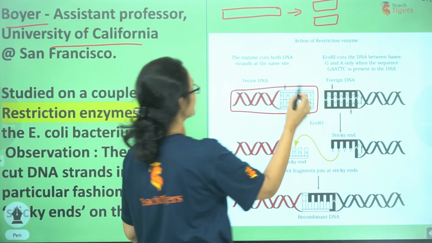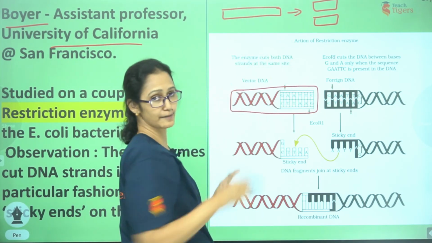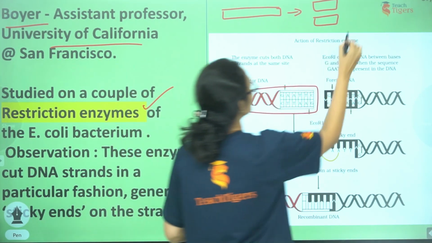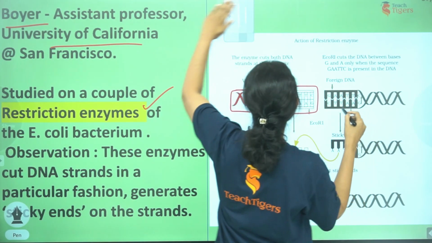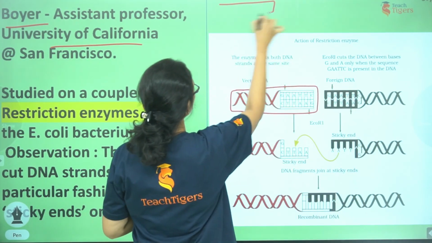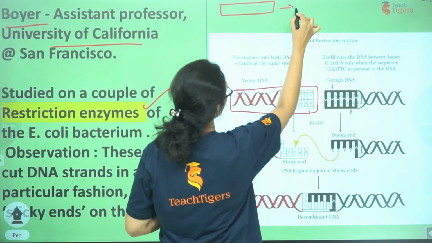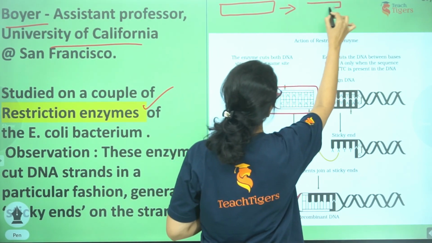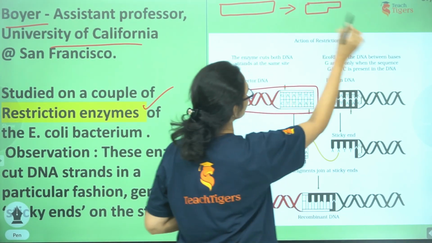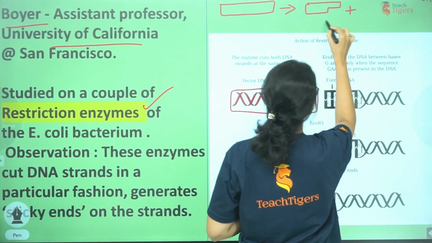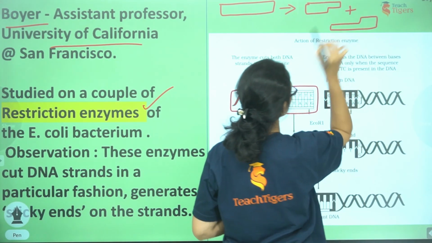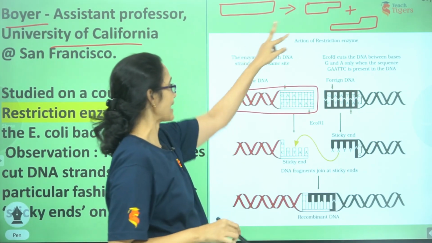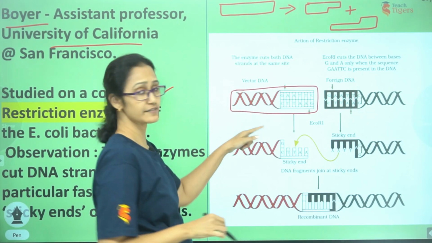The restriction enzyme that is cutting the DNA into two fragments is able to generate two fragments which have single-stranded overhangs like this. And such fragments are called sticky-ended fragments.